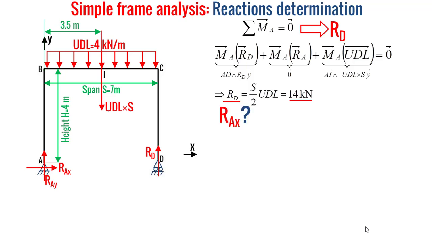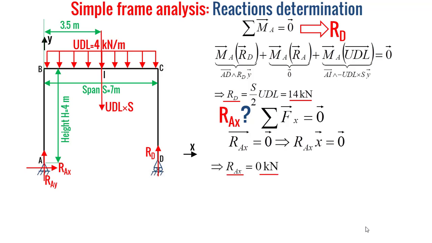Now, in order to determine the reaction RAX, we will apply the static equilibrium equations of forces along x, and we will finally find that this reaction is zero. So we have no reaction at A along x.